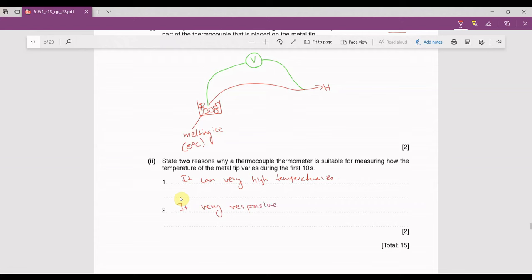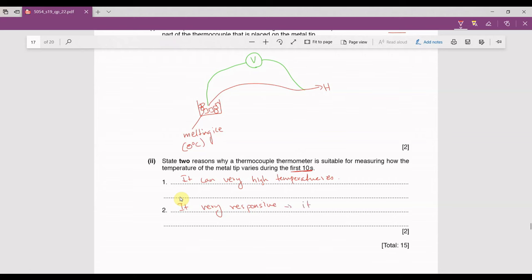By responsive I mean it reacts quickly. As the temperature reading changes, the voltmeter is quickly going to change its reading as well, and you can quickly see the change. If the temperature is changing very quickly, you can actually see it on the voltmeter. You have a very short time to measure the temperature. It's only the first 10 seconds. So you want to be able to see the changes in temperature.